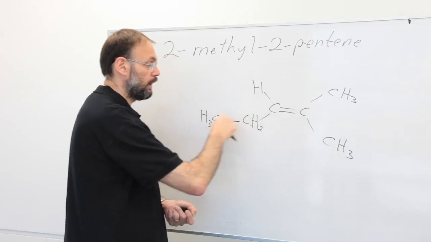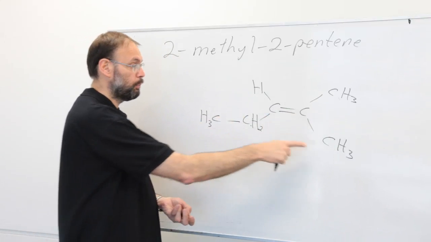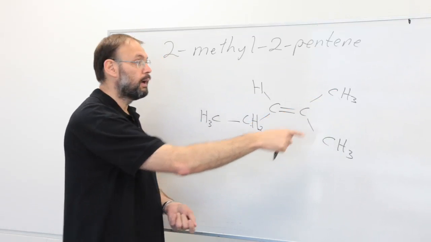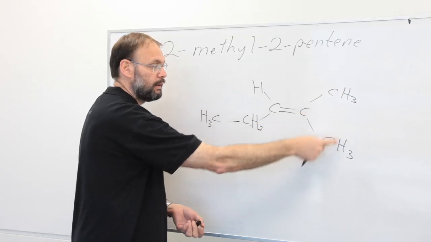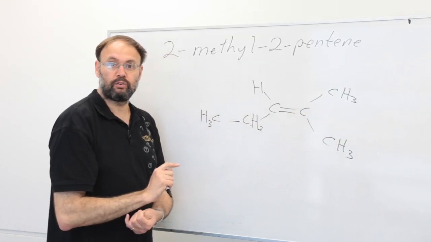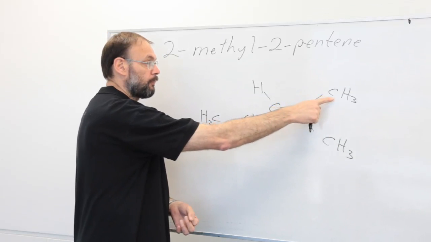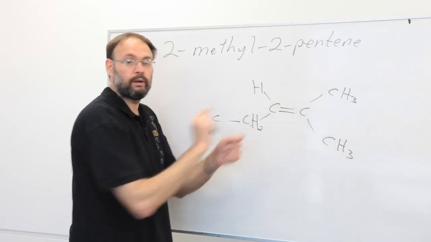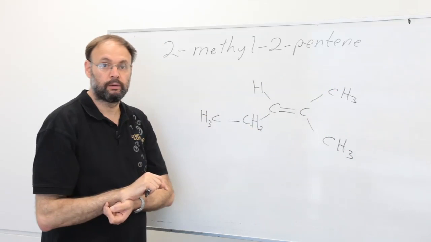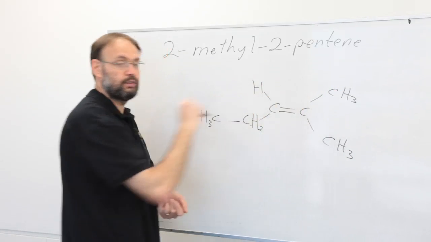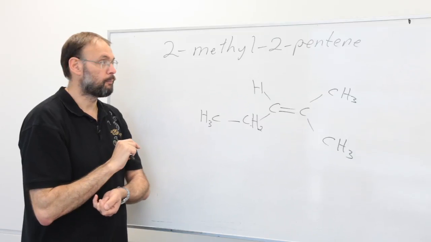So now we've got our pentene, 2-pentene, and it's 2-methyl. We can see here immediately that we don't talk about cis and trans, because if we swap these things around, we'll have the same compound. So drawing it like this, you won't get confused.